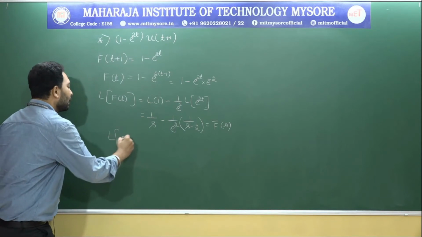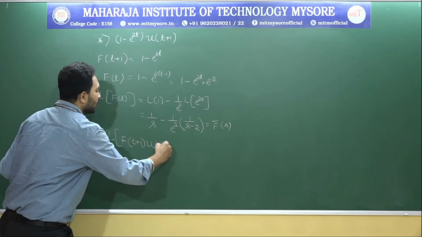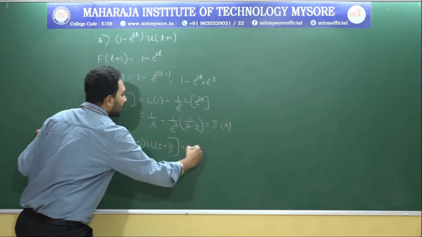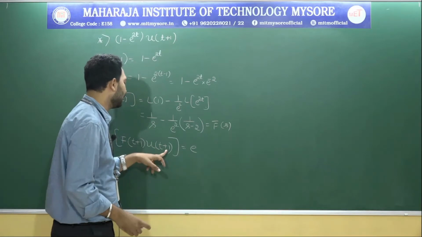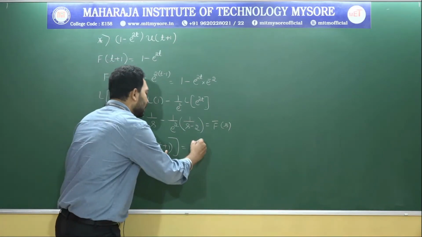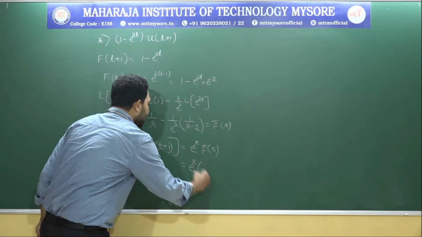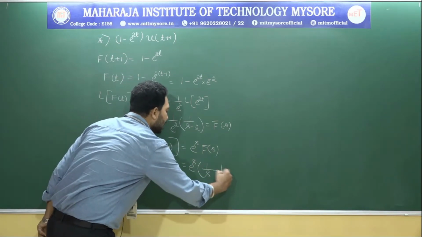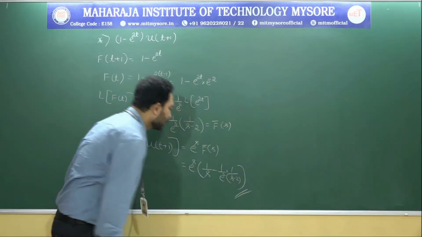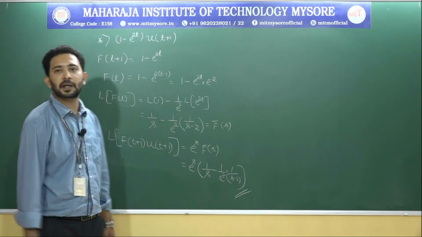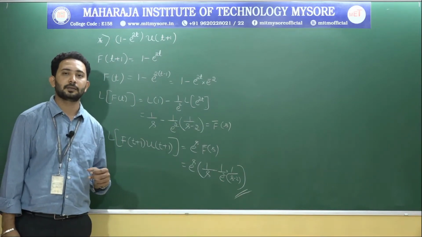Then Laplace of f of t plus 1 into u into t plus 1, I can write this as e power minus a s. What is a? It is minus 1, so it is e power s into f bar s. That is e power s into 1 by s minus 1 over s minus 2. So this is the result for 1 minus e power 2t into u into t plus 1.